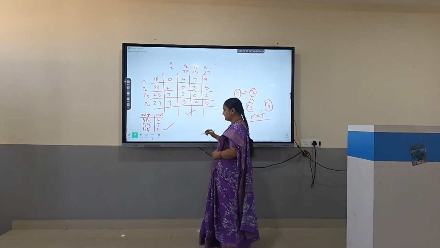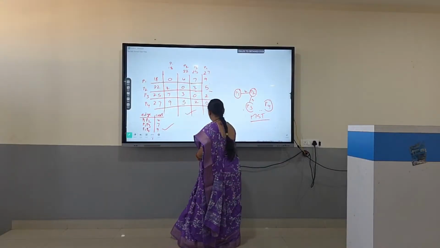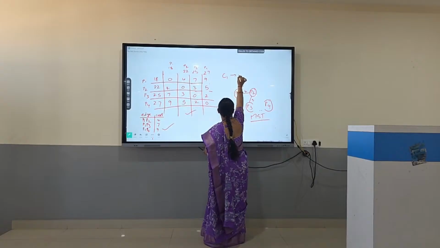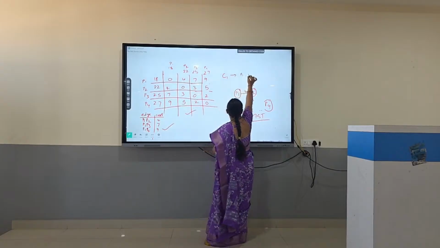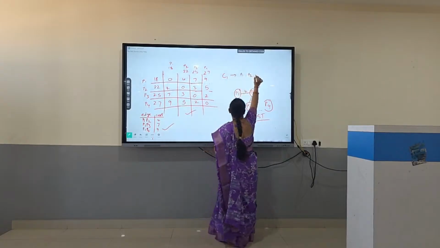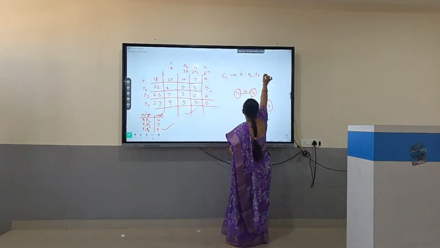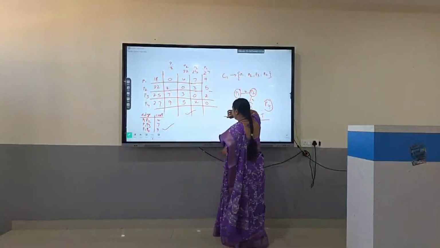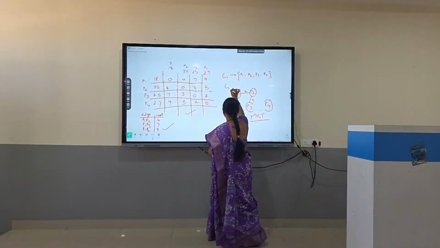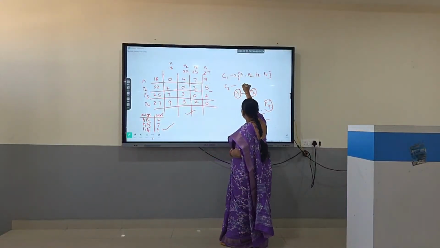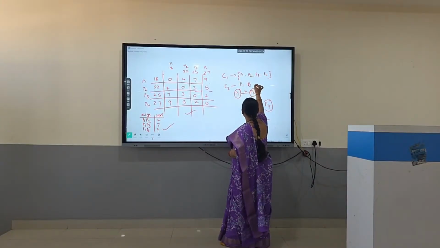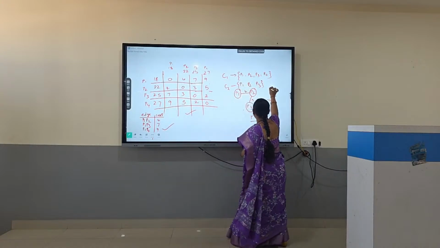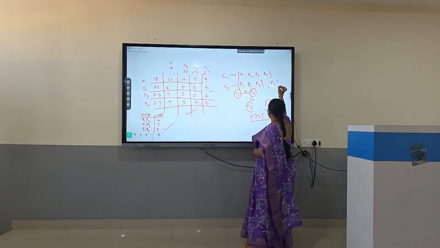Cluster 1 is P1, P2, P3, P4. This is one cluster, first using the minimum spanning tree. Then C2: P1, P2, P3 is one cluster, and P4 is another cluster.